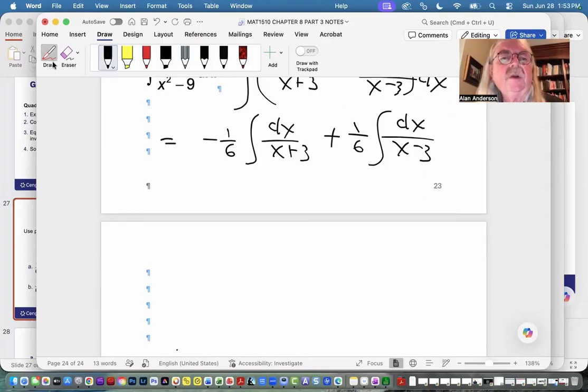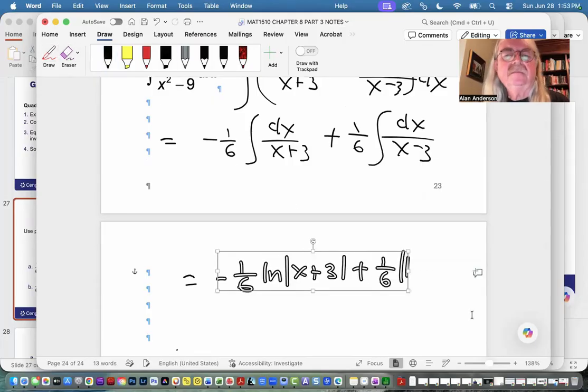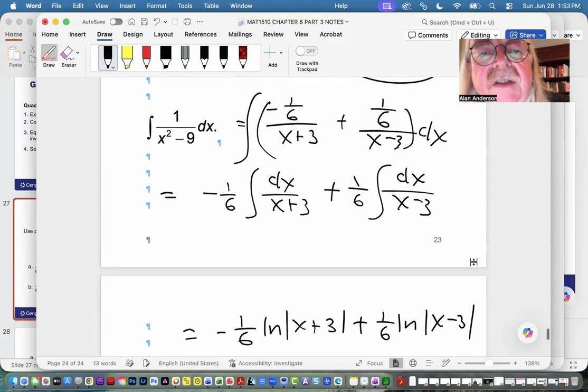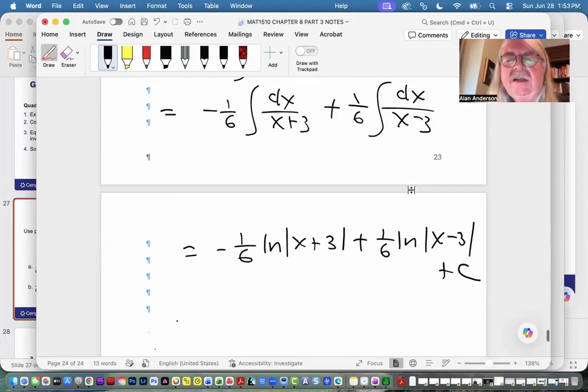And so we end up with, whoops, 1/6 natural log of x minus 3. We don't need a C because this is, well, actually, I'm sorry. We do need a C. What am I saying? We do need a C. Okay, that's better. There we go.